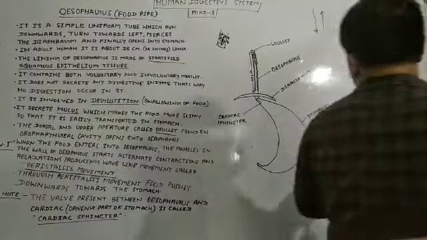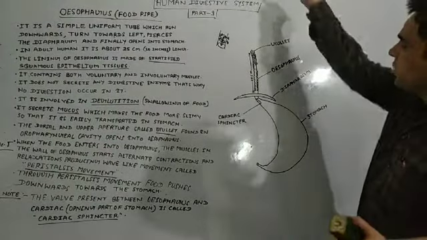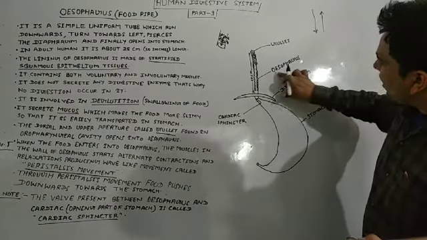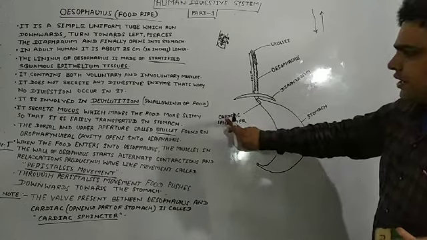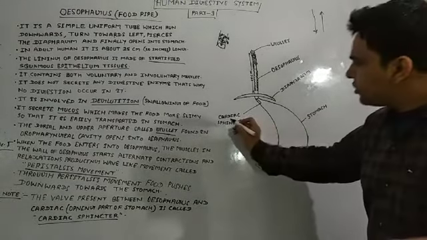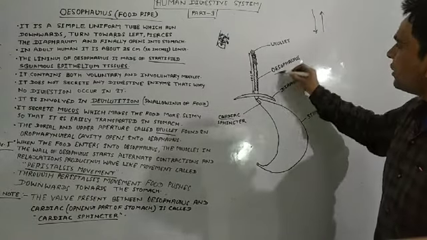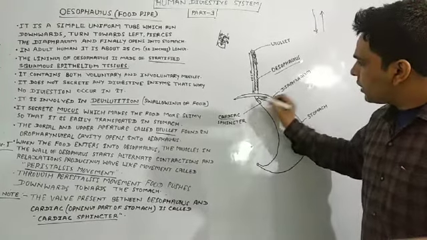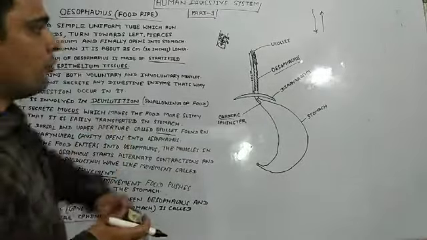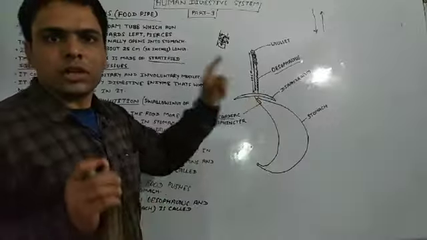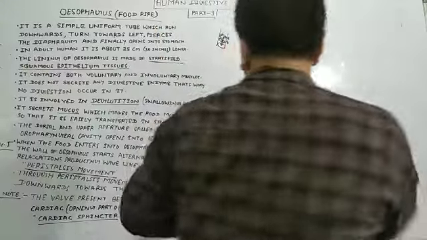You can see in the diagram, students, that at the junction of the esophagus and the cardiac region, which is the first part of the stomach, a circular valve, a circular muscle, is found.